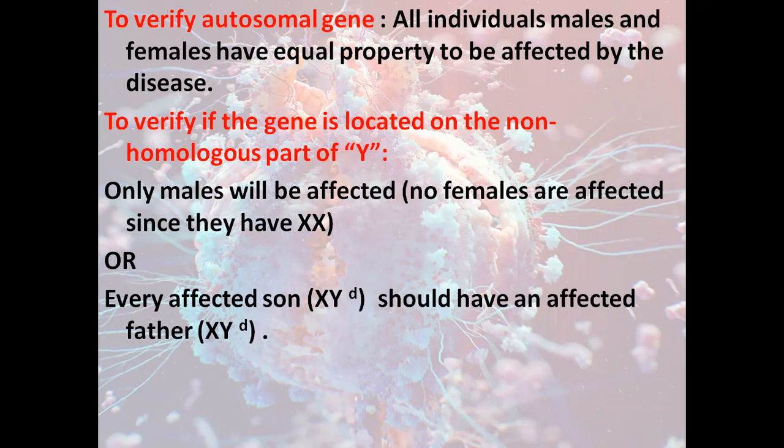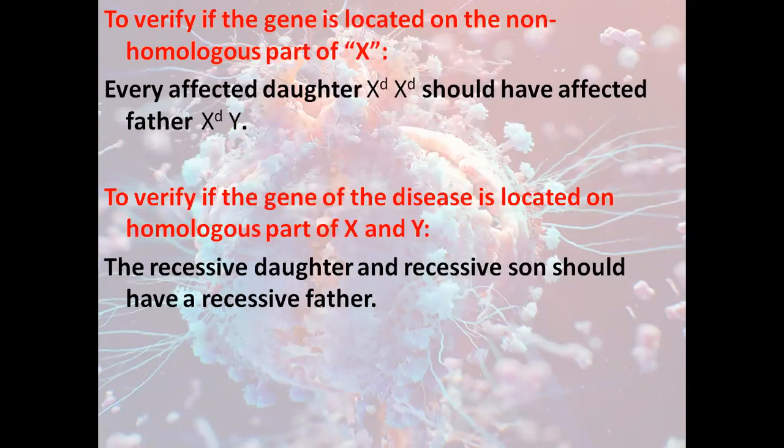Another case: every affected son should have an affected father. So if the gene is located on the non-homologous part of Y, every affected son should have an affected father. If the gene is located on the non-homologous part of X, every affected daughter should have an affected father, since she will inherit.